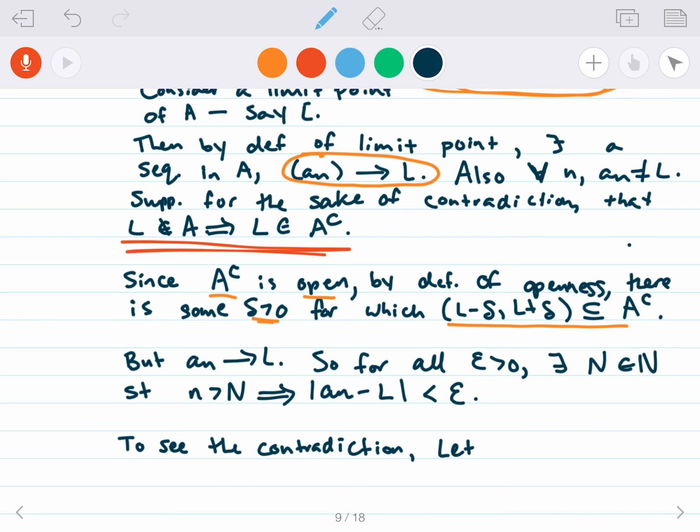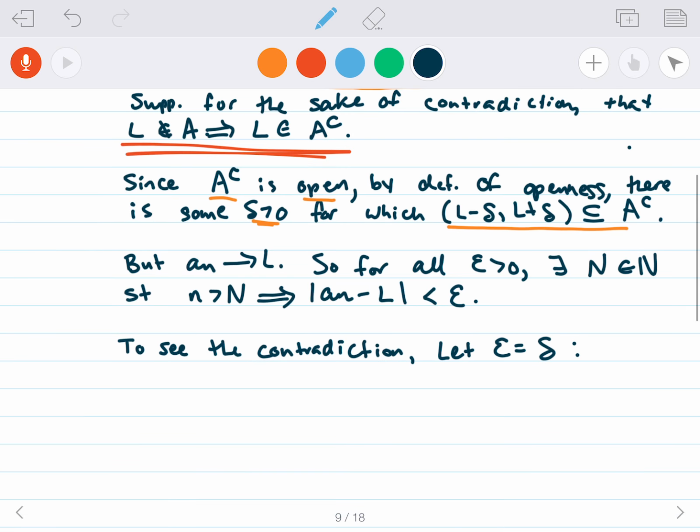We're going to let epsilon equal delta. And so then there's some capital N for which this holds true, replacing epsilon with delta. Then we have a sub n minus L is going to be less than that.